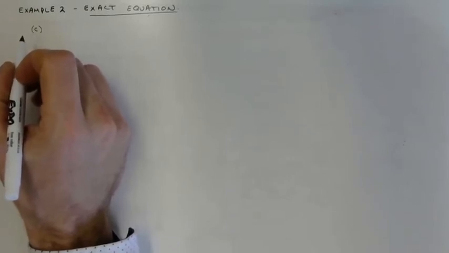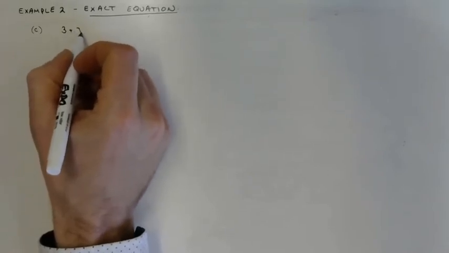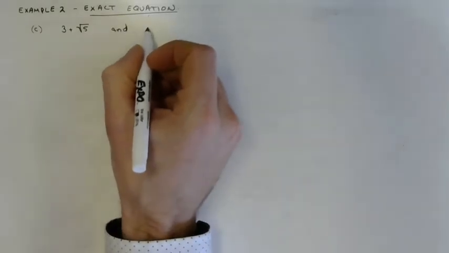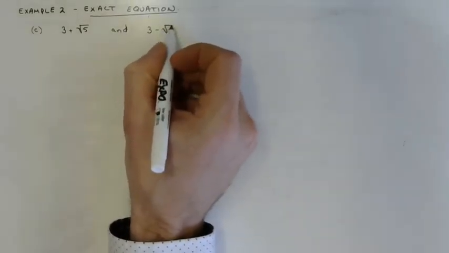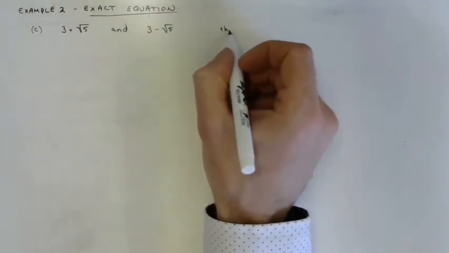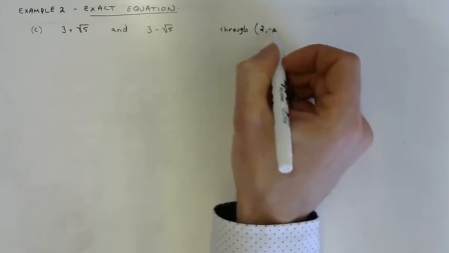This time, the zeros that were given are kind of awkward looking. They have radicals in their expression. So we have 3 plus radical 5, and we have 3 minus radical 5, and we're going to go through the point 2 comma negative 12.